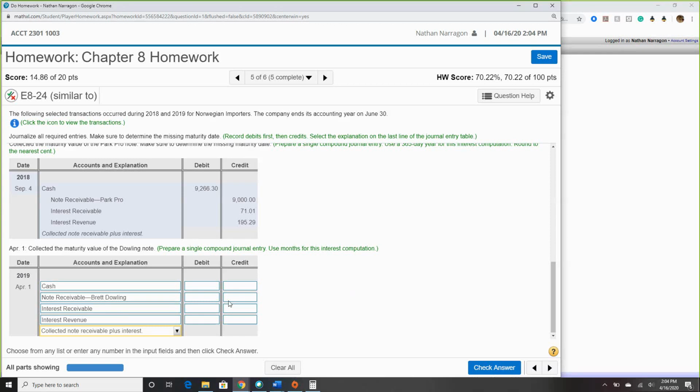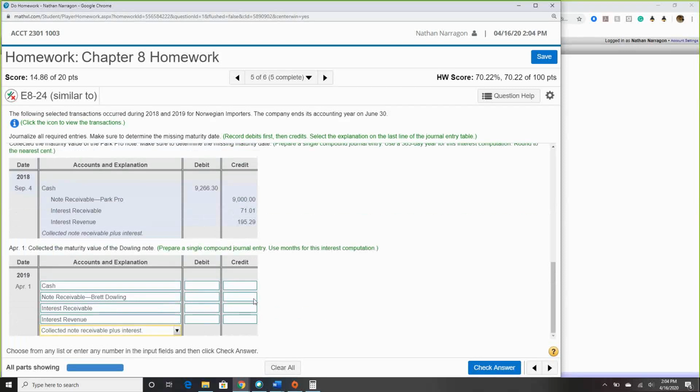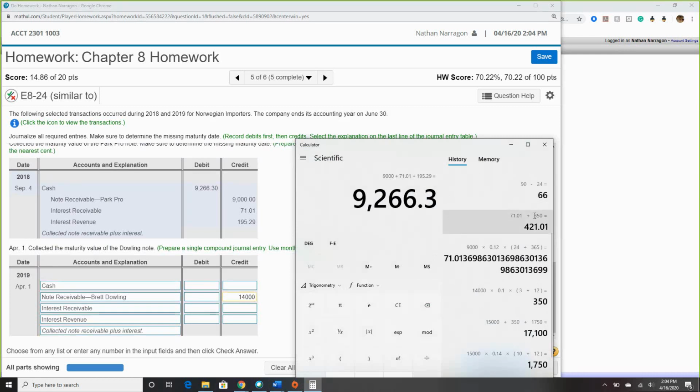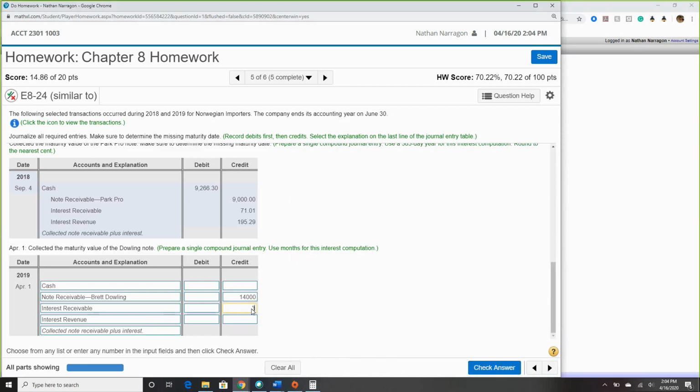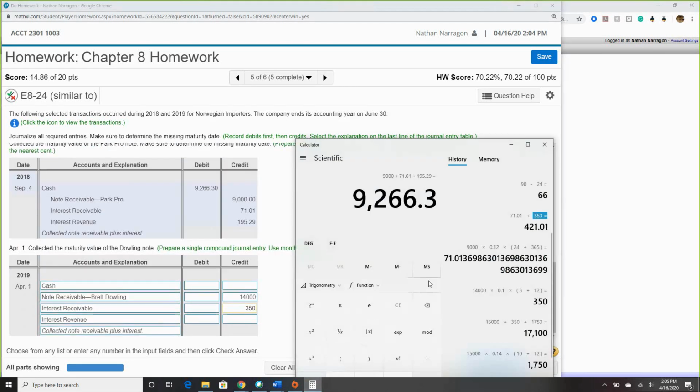So the note receivable for Dowling was $14,000. Using the information to calculate the interest, it was $350, so that was prior. And remember, we said that was 3 months of interest. So how much interest is still left if this was a 1-year note?